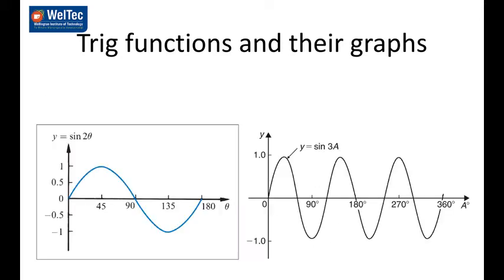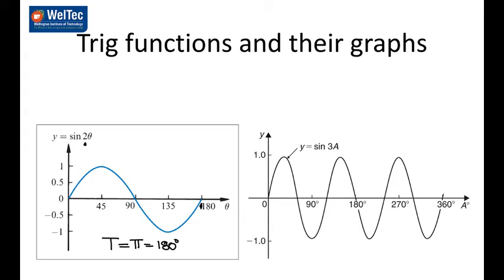The first graph on this page, look at it, it's still going up to 1, but this time instead of going round in 360, it's actually going round in 180. So it's going round twice as fast. So we talk about the period for this one being pi, or 180 degrees. And it's going around twice as fast, so we would name it as sine 2 theta.